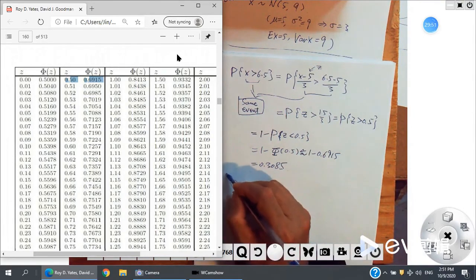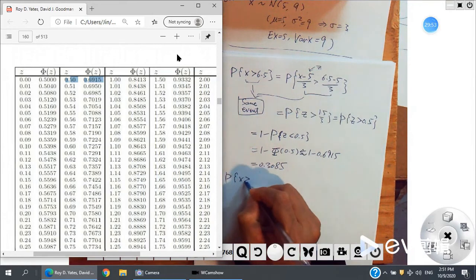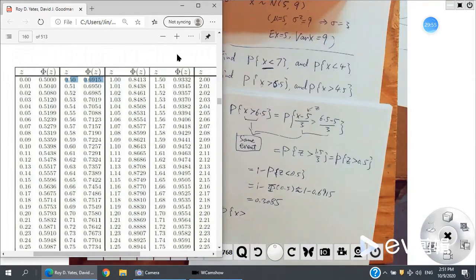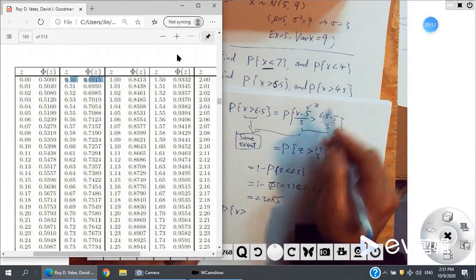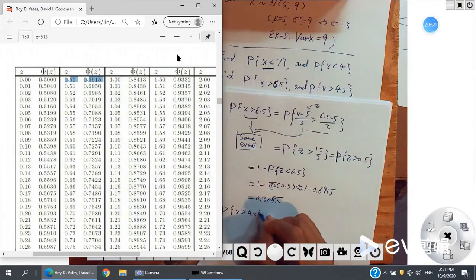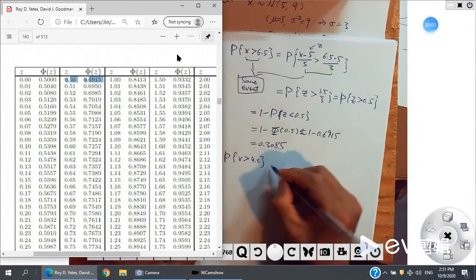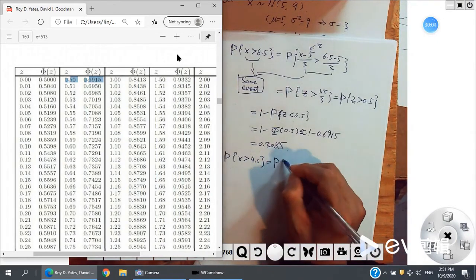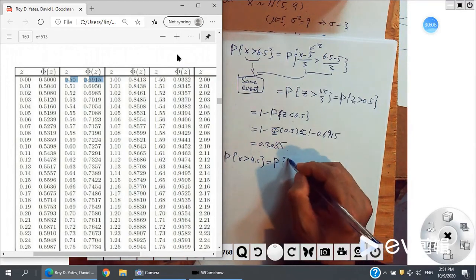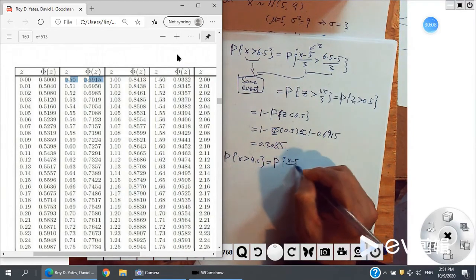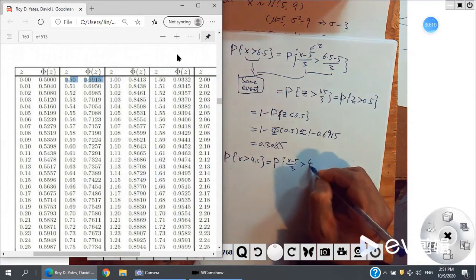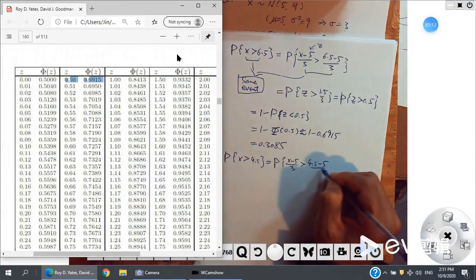And similarly for x larger than the second one, 4.5. It will be the probability. Now I write x minus 5 over 3, and that one is also 4.5 minus 5 over 3.